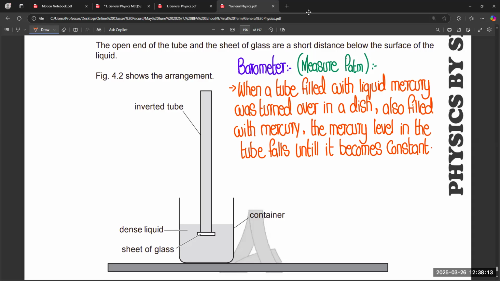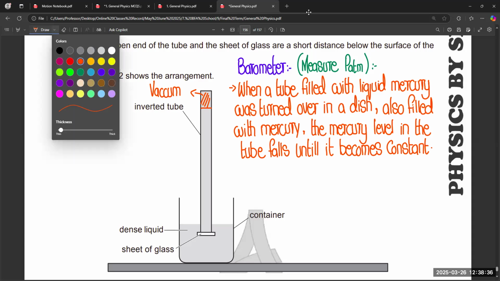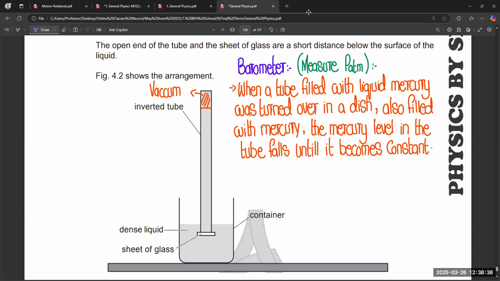And why does it stop, basically? For example, the level of the water decreases to this part and this region becomes a vacuum, right? Because when water or liquid moves in a downward direction, definitely the upper side of the tube becomes empty. And the question is why it stops.